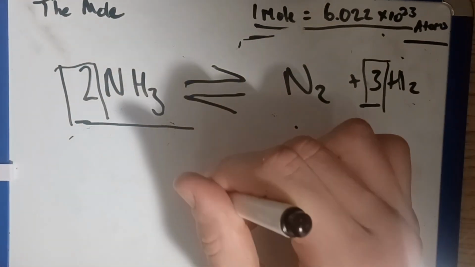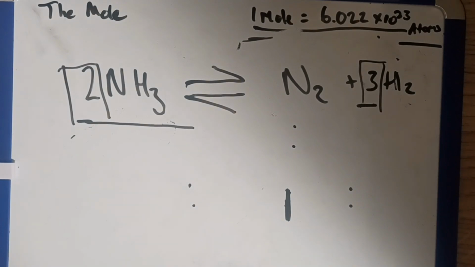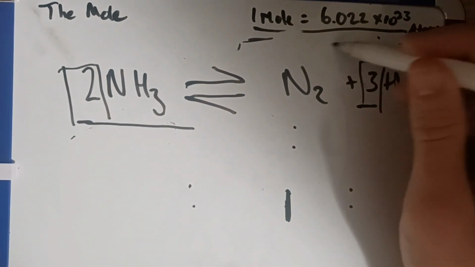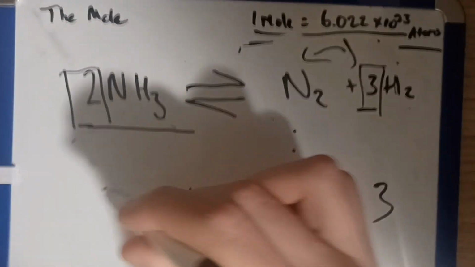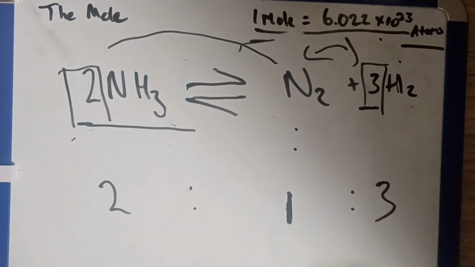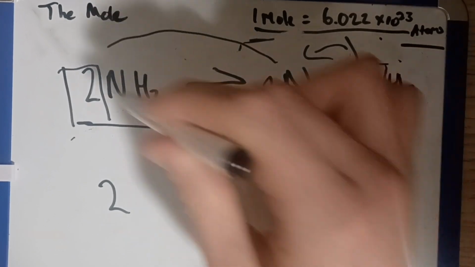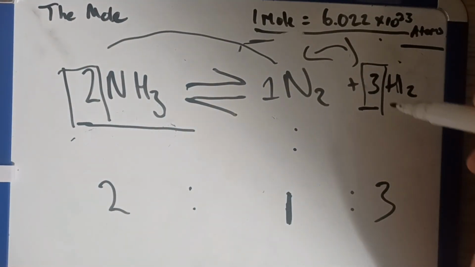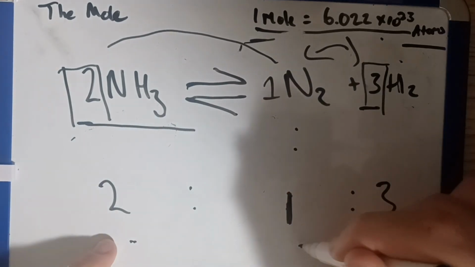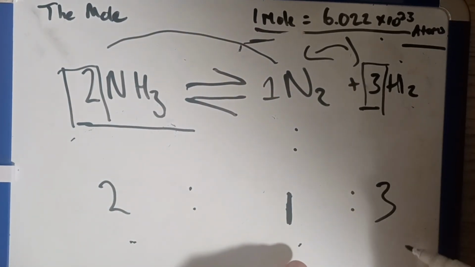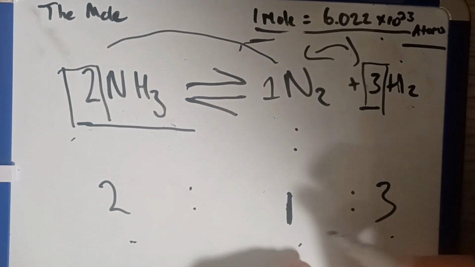So when we look at all of our moles, we're going to have 3 times as many moles here. We're going to have 2 times as many moles here, because this one's a 1, this one's a 2, this one's a 3. We're going to have double the moles here than here, and triple the moles here as we are here.